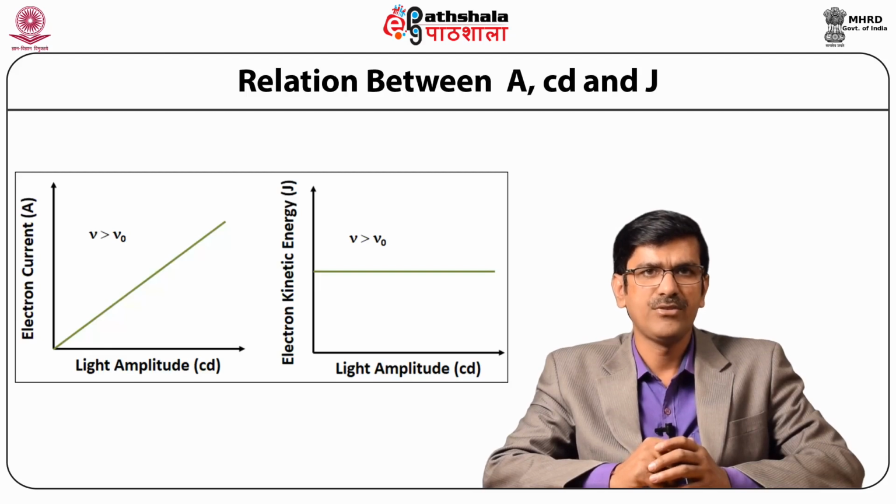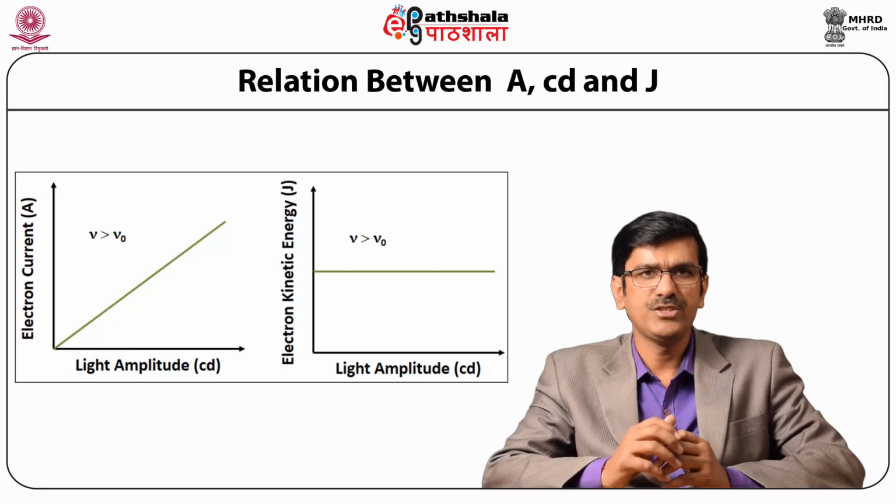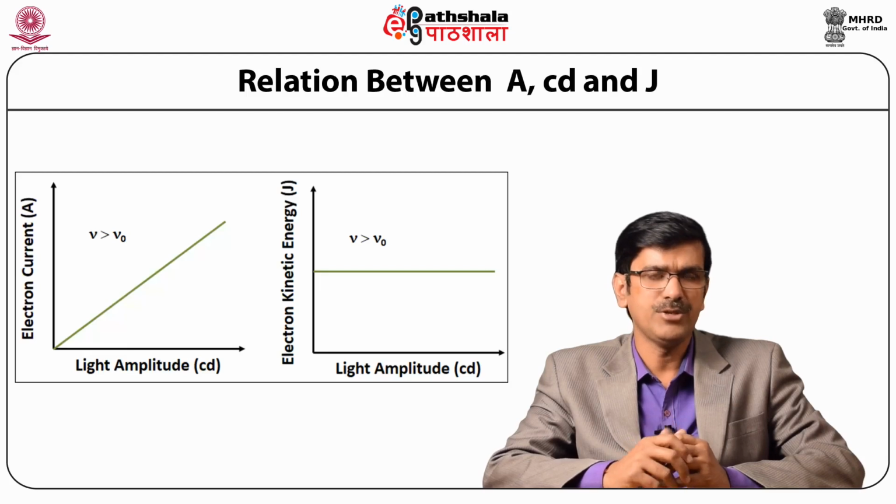From the first graph, it can be seen that light amplitude and electron current are linearly dependent when the frequency of incident light is greater than the threshold frequency. In the second graph, we can conclude that electron kinetic energy is independent of light amplitude.